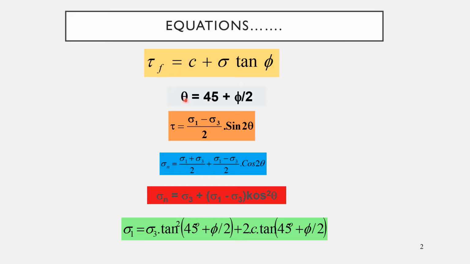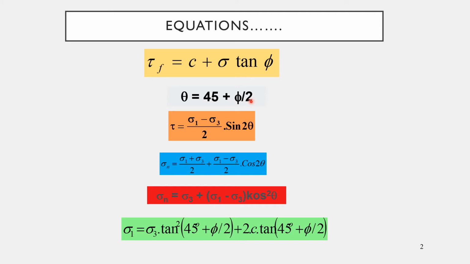In addition to that, we also have the failure angle, represented by theta, which can be determined based on these equations, with the relationship to the friction angle. So theta can be calculated as 45 plus friction angle divided by 2.